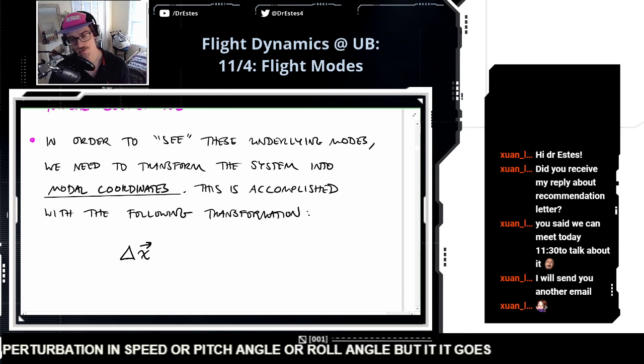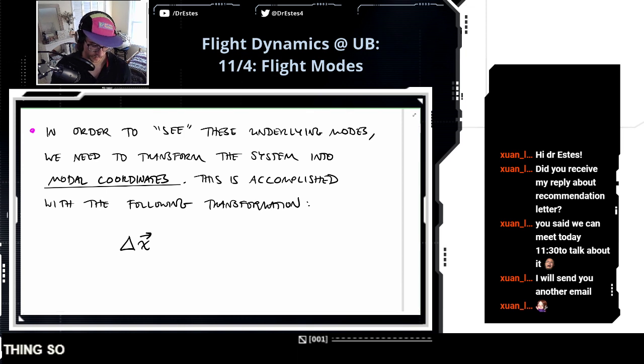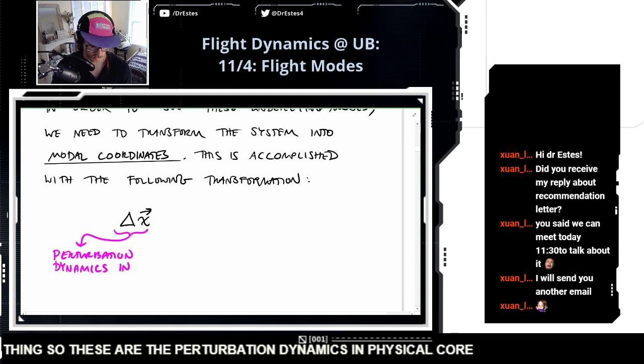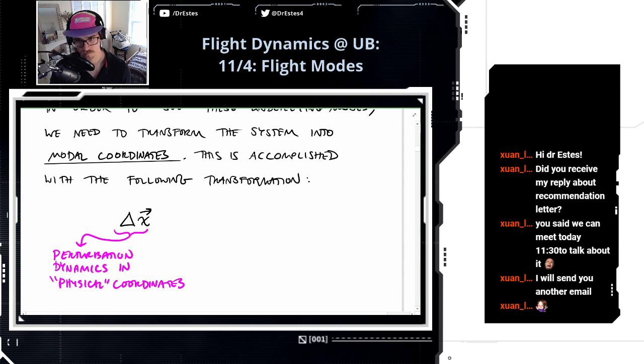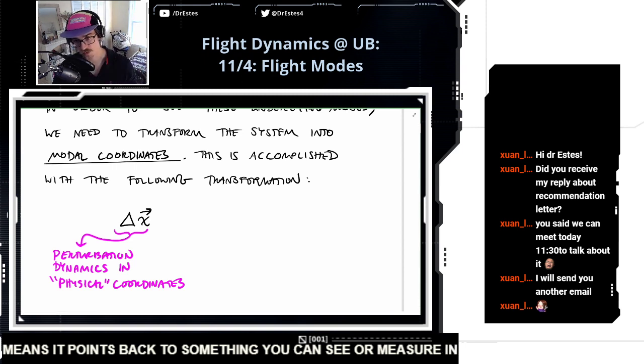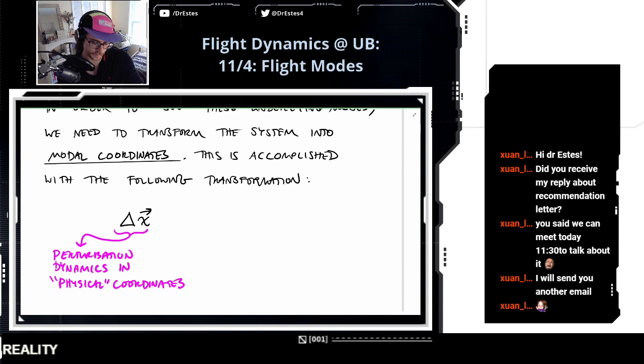It goes back to a physical thing. So these are the perturbation dynamics in physical coordinates. That just means it points back to something you can see or measure in the physical space of reality. That's where we do modeling.